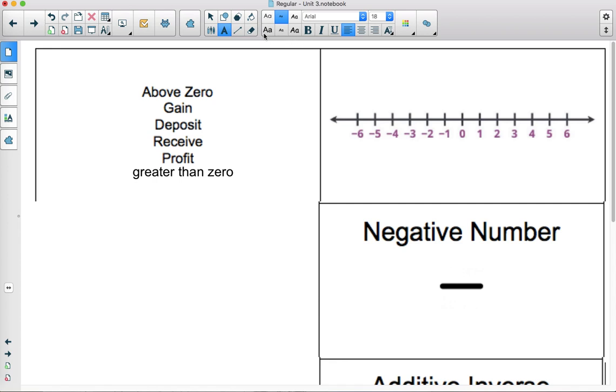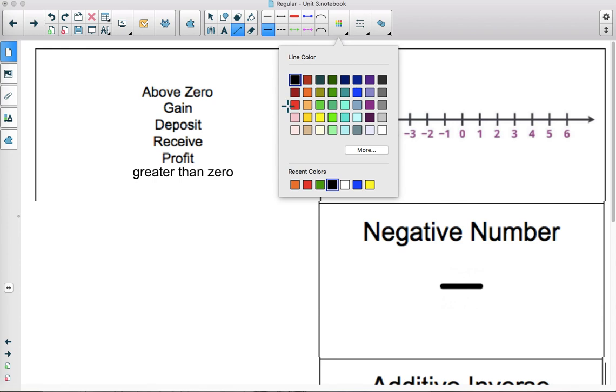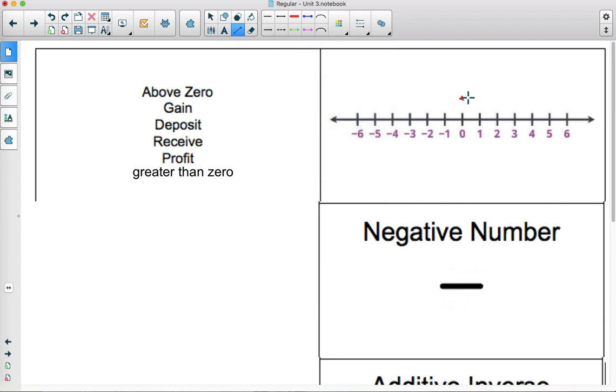On our number line here, positive numbers are going to be any of these numbers that are to the right of zero. Let's make it red. So all of these numbers that go to the right of zero are positive numbers. I want you to go ahead and draw that line above your number line from the zero moving to the right.